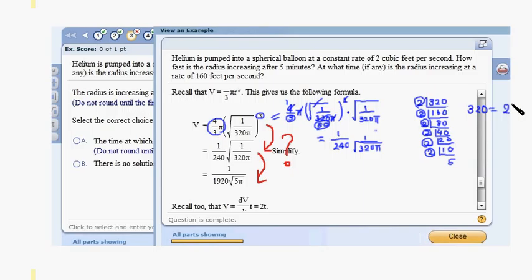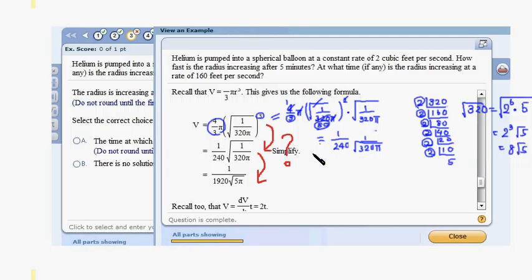So 2 to the 6 times 5. If you take the square root of 320, you get 2 to the 6 with a square root, which would be 2 cubed, and the square root of 5. That's the same thing as 8 square root of 5.